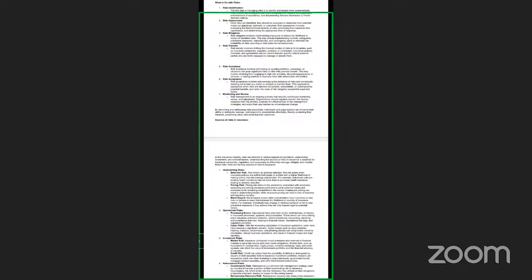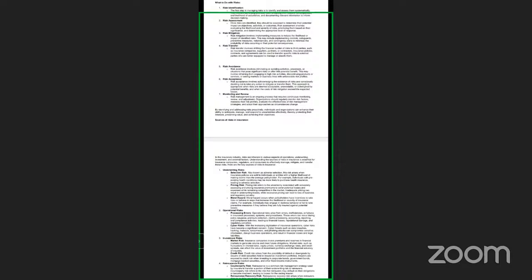Then the third step is risk mitigation. After assessment, they are now clear what the severity of loss will be, what the frequency of loss will be, what the variance of loss will be. All these things they have come out with in the risk assessment step. After that, they will be involved in risk mitigation. That means minimization.